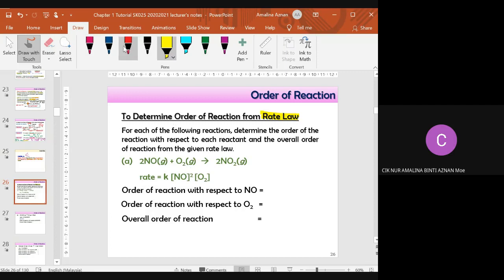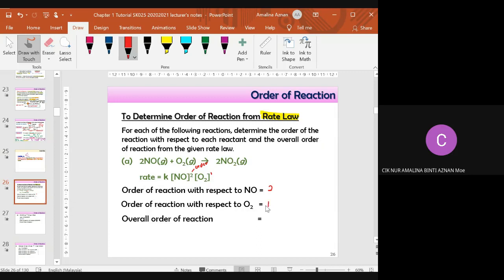Okay, ni adalah dia punya order. Okay, order untuk NO 2 and order untuk O2 adalah 1. Okay, kalau kosong baru kita tak tulis. Kalau ada macam ni means it is order 1. First order. Okay, so order of direction with respect to nitrogen monoxide adalah 2 and order of direction with respect to O2 adalah 1.